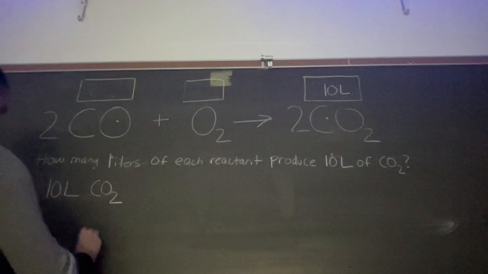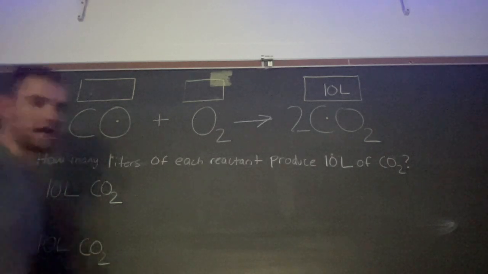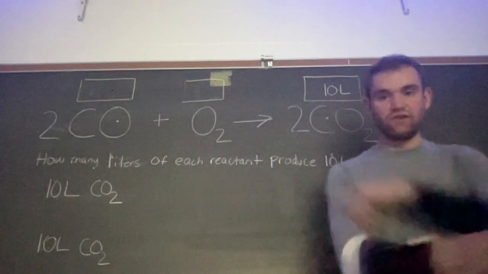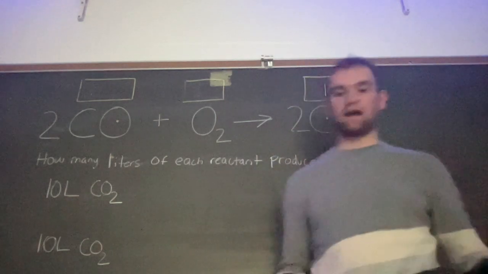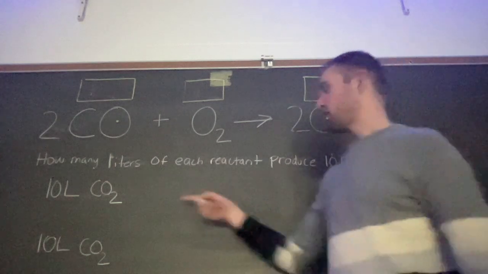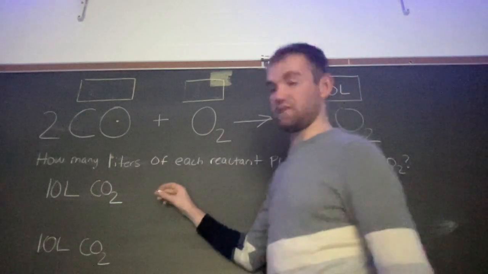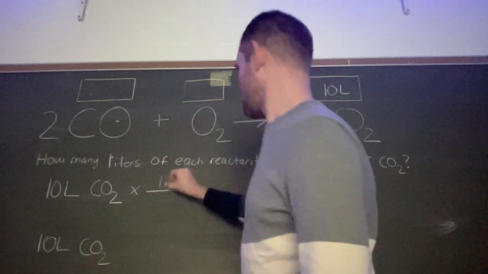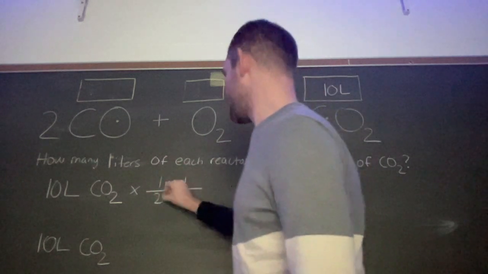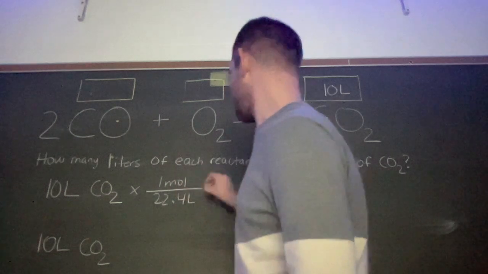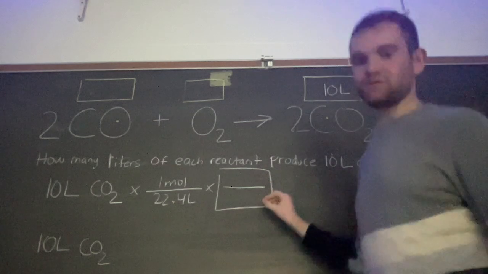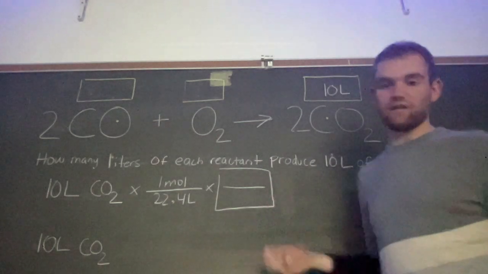There are 2 reactants. Now, if I'm going from liters to liters, same thing. We're going to get it to moles, switch the chemical, then get it back to liters. So let's do it. I have 10 liters of CO2. I'm going to get that to moles. 1 mole over my 22.4 liters. Then I'm going to take it through the ratio. The ratio here, now let's pick a product.